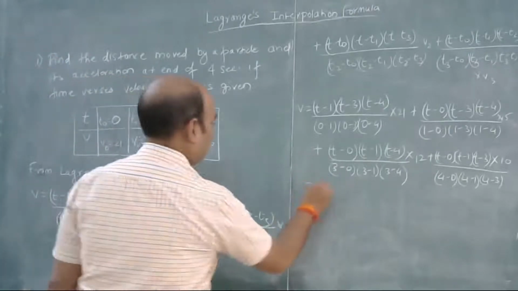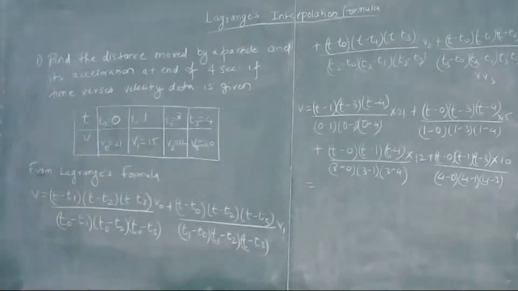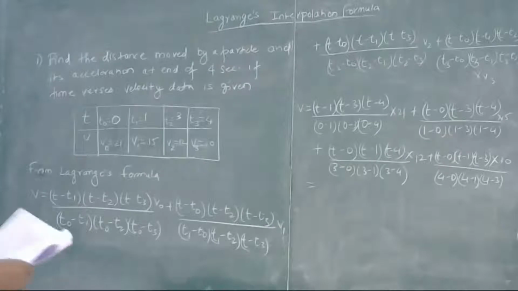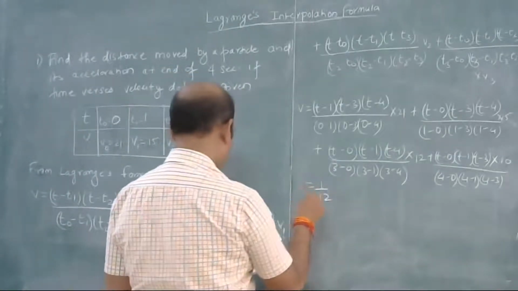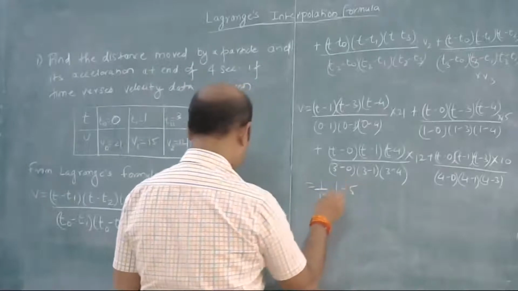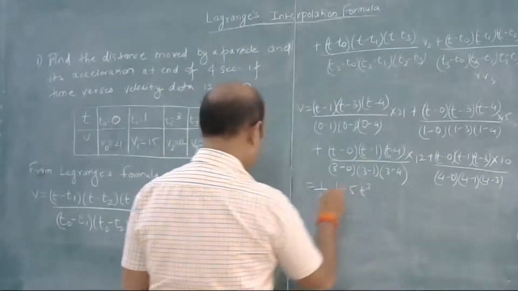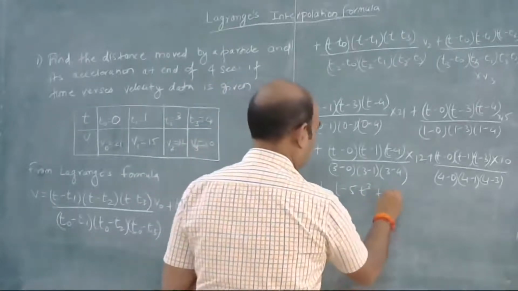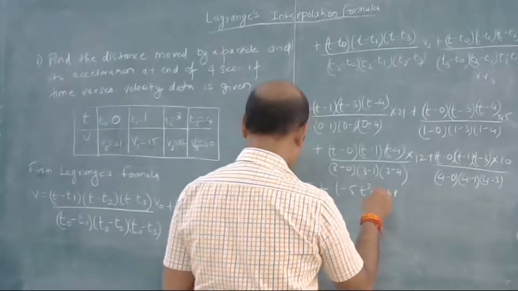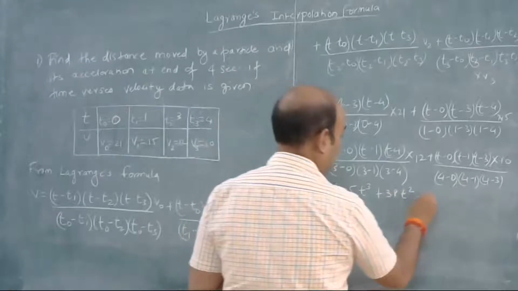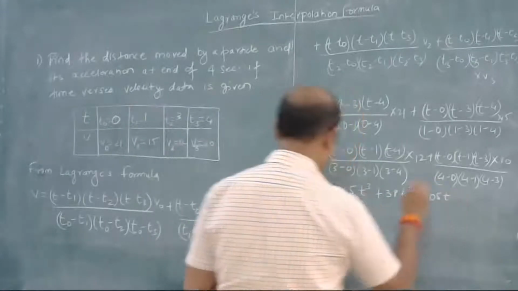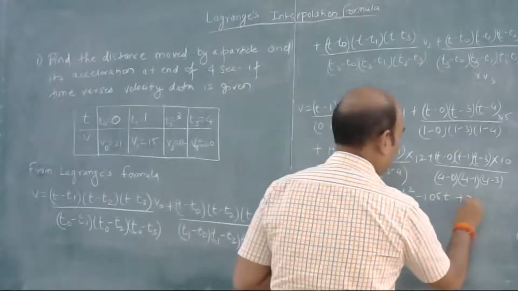Now, on solving this expression, you will get v equal to 1/12 (minus 5t³ plus 38t² minus 105t plus 220).